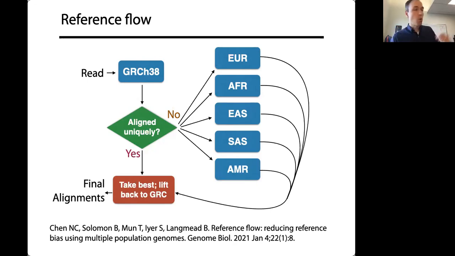Because after all, the coordinate system is not necessarily the same. There are indels and structural variants that might be different between these different linear reference genomes. So we need to do a kind of liftover to get them back into the target coordinate system of GRCh38. And we just take the best and lift over for each read.